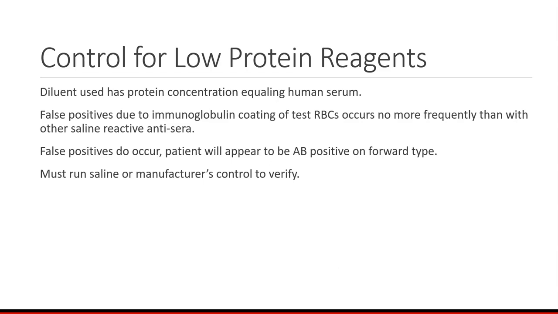False positives due to immunoglobulin coating of test cells occur no more frequently than with other saline reactive anti-sera. But false positives do occur. Again, the patient will appear to be AB pos on the forward type. You have to run saline or a manufacturer's control to verify that this is truly a D pos or AB pos person. The D control must always be negative.